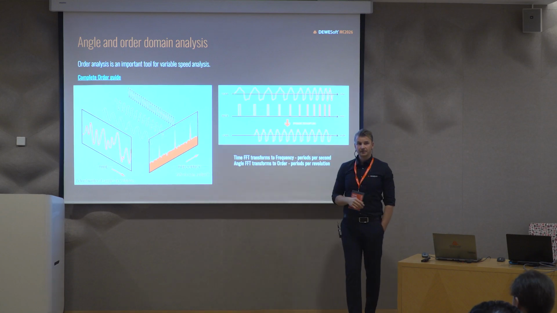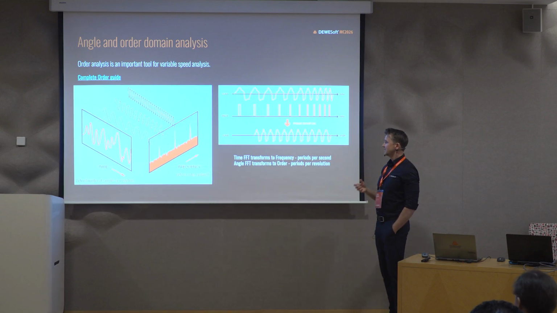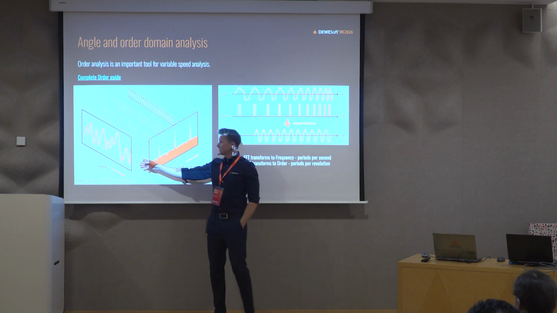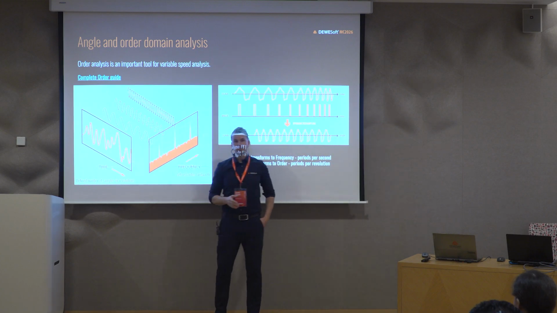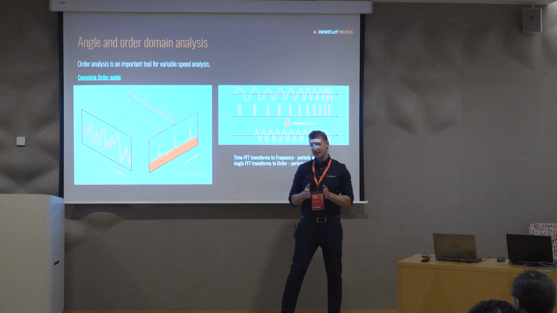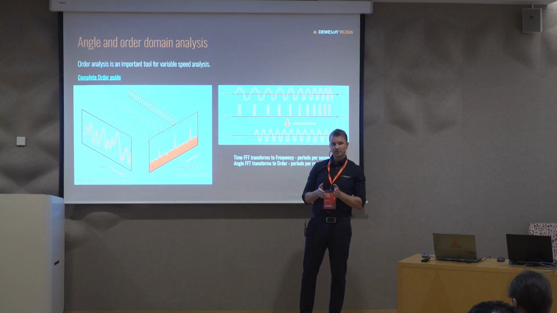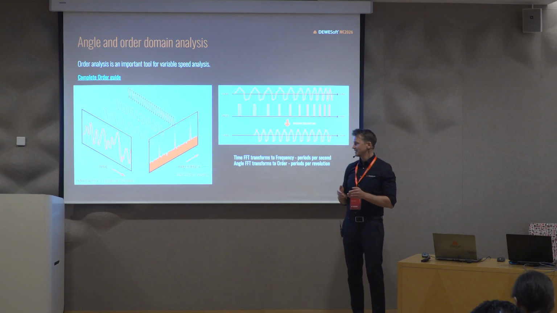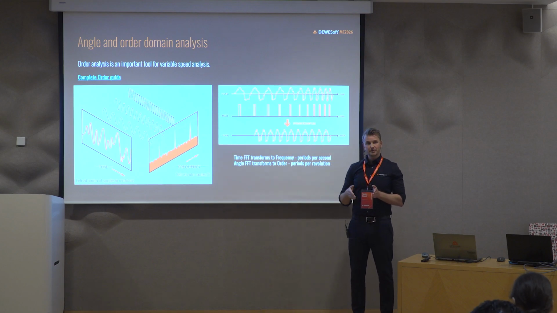You do the same thing in the order tracking case, but before you take out this time block, you transform it into an angle block. So now you don't have samples with equidistance between the number of seconds. You can say it's not sample per second, it's sample per angle.